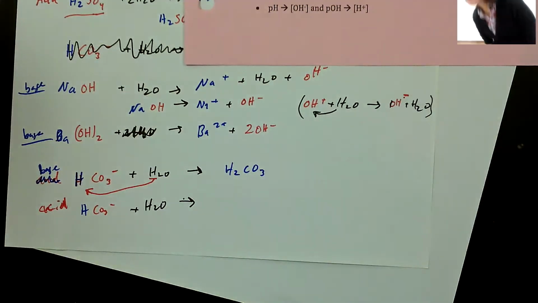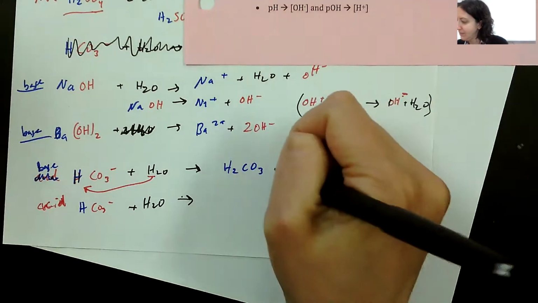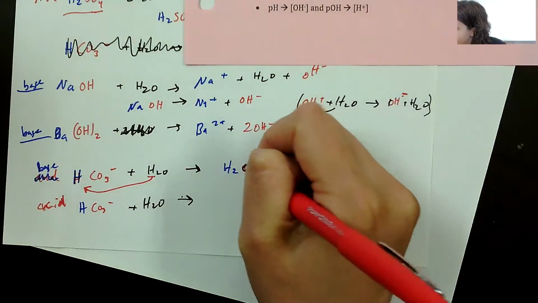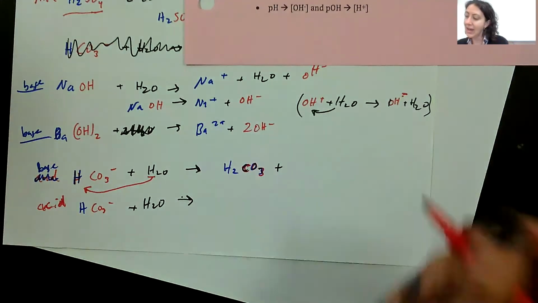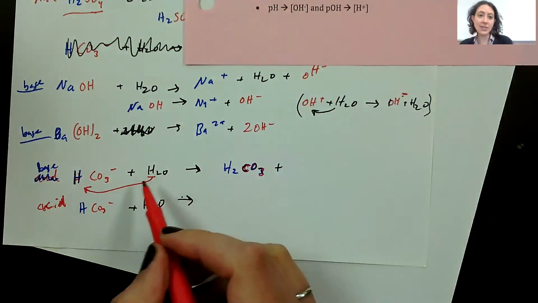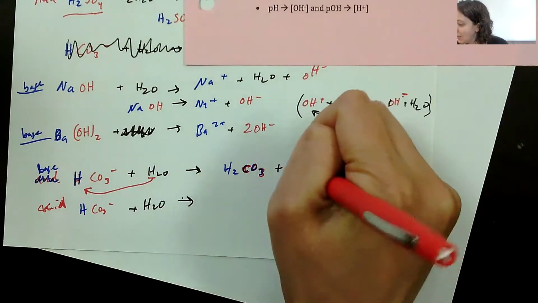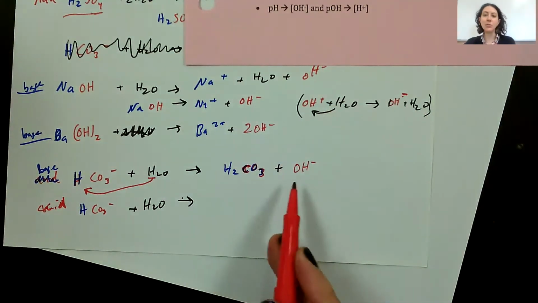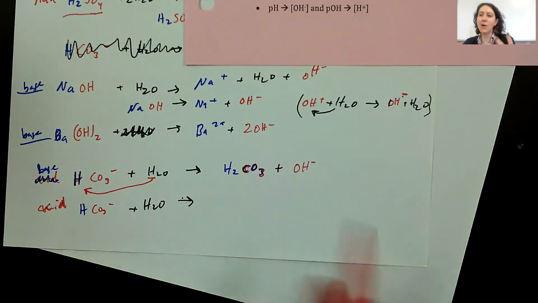So in one case, it's going to nab a hydrogen off of water to become H2CO3, which is neutral. We actually should have drawn that in red for consistency. And then because that water has lost a hydrogen, it is now going to be OH negative. So we have basically added OHs, which makes it a base.